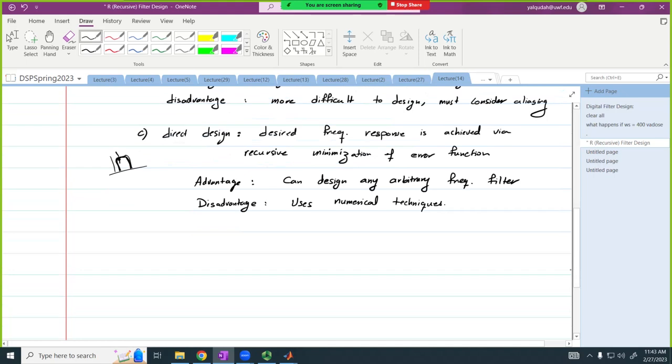Now, one thing we're going to emphasize in all these techniques is the filter order. That filter order is a major concern.